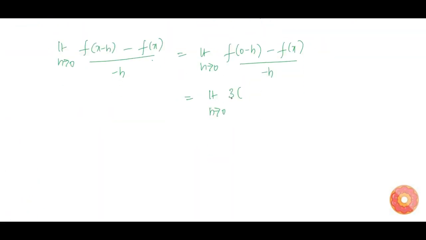Now substitute 3 into x square plus 2, where x is nothing but 0 minus h, square plus 2 minus f of 0.